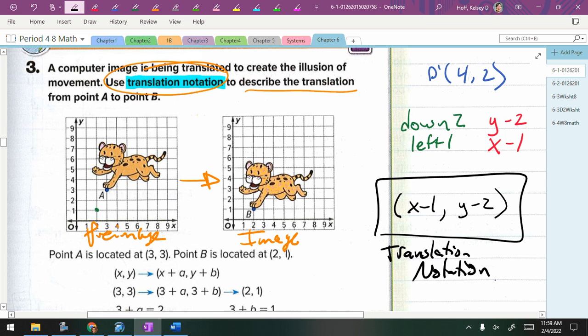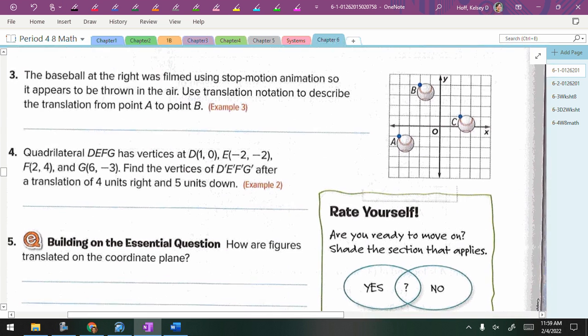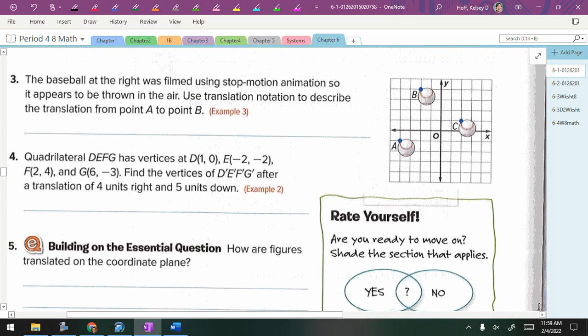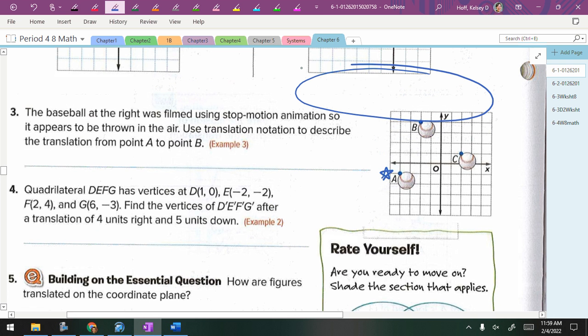Flip it over. Guided practice number 3. The baseball at the right was filmed using stop motion animation, so it appears to be thrown in the air. Use translation notation to describe the translation from A to B. So we're starting at A. Everybody right here, use direction words and tell me up, down, left, or right, and how many. Don't say it out loud.